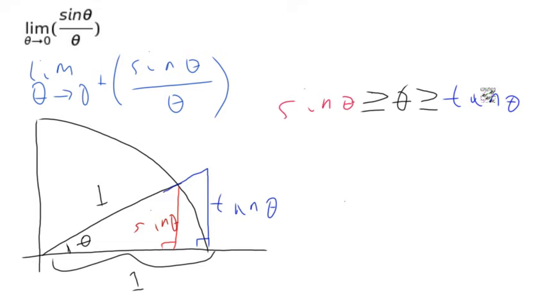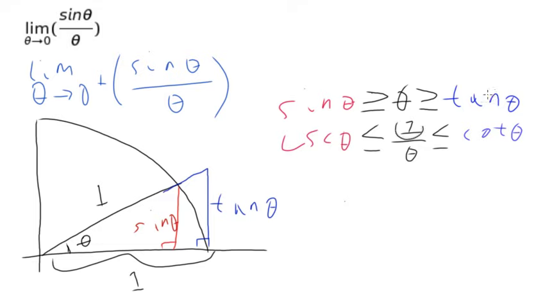Sine theta, theta, and tangent theta are all positive lengths. So when we take the reciprocal on all the parts of this inequality, we have to flip the inequality. So the reciprocal of sine theta is cosecant theta, which is less than or equal to the reciprocal of theta, which is just 1 over theta, which is less than or equal to the reciprocal of tangent theta, which is cotangent theta.